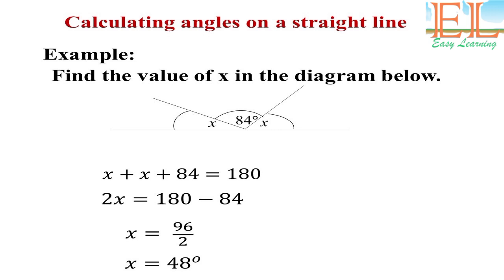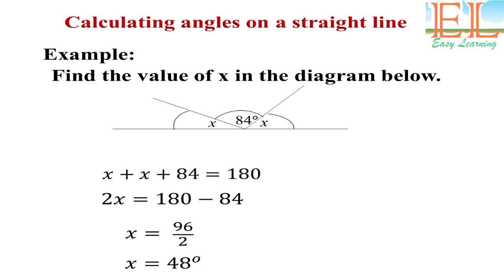From our concept of algebra, we can set our solution in this form. We have x plus 84 equal to 180 degrees. Bear in mind that this 180 degrees is not part of the question, but it's something you should know before solving.